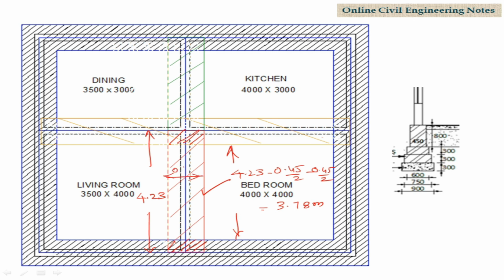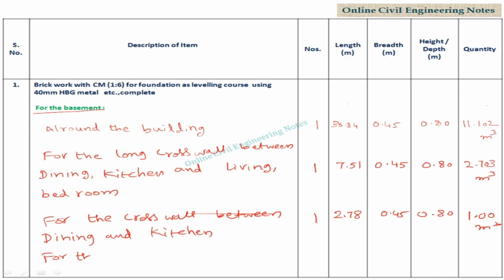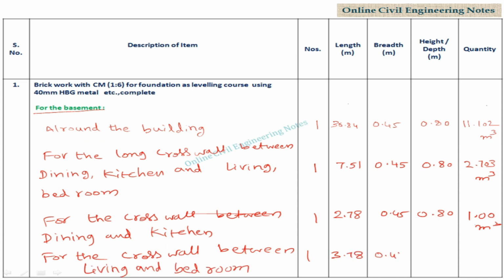Width of basement is 0.45, depth of basement is 0.8 meters. For the cross wall between living and bedroom, length is 3.78 meters, width 0.45 meters, depth 0.80 meters. The quantity is 1.360 cubic meter. The total brick work quantity for the basement is 11.102 plus 2.703 plus 1.36 plus 1 cubic meter is equal to 16.165 cubic meter.